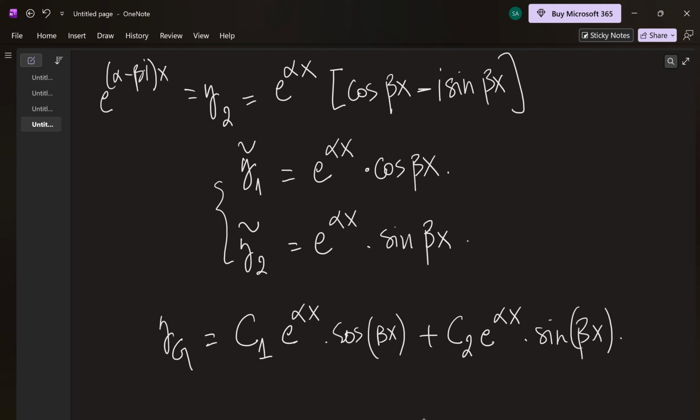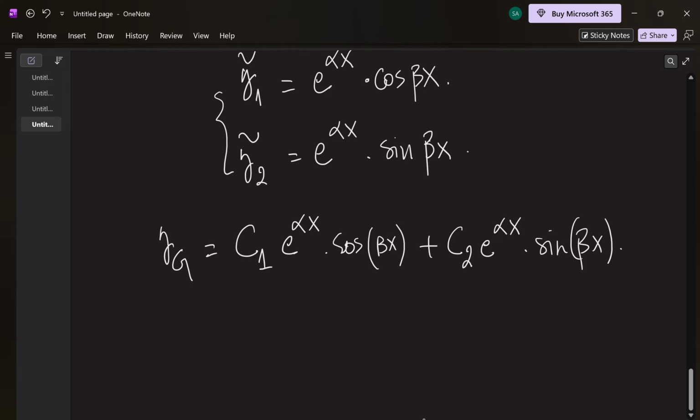Okay, so we move to the third case. Sorry, here there is one more piece of information about this case.